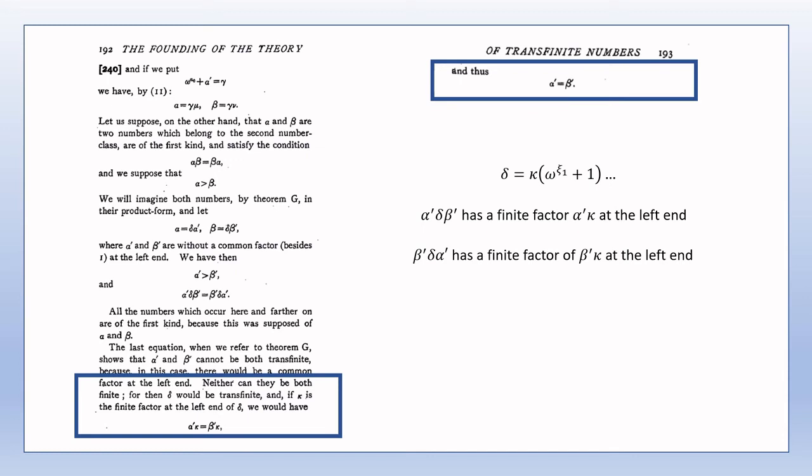These must be equal since the product forms are identical, and so alpha prime kappa is equal to beta prime kappa. Since these are finite terms, there's no problem cancelling the common factor of kappa, giving alpha prime equals beta prime, which is a contradiction, since we know that alpha prime is greater than beta prime.